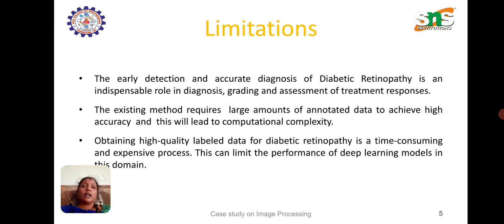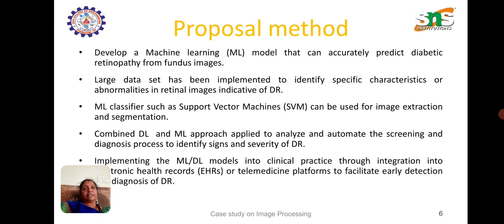These algorithms are used, but all these algorithms, techniques and methods are lagging in early detection and accuracy. The existing methods require a large amount of data to achieve high accuracy, and this leads to computational complexity. Obtaining high quality data for diabetic retinopathy is a time consuming and expensive process. So this can limit the performance of learning models in this domain.